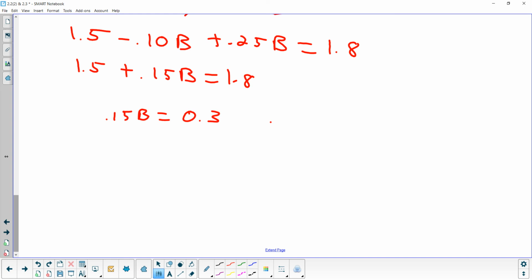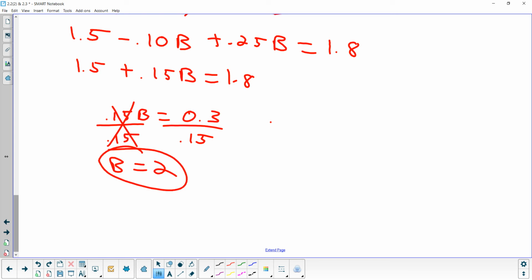And Abigail, what would be my last step? Divide both sides by 0.15. And let's see, 0.15 is going to go into 0.3 twice. So B is 2. Let's go back up.